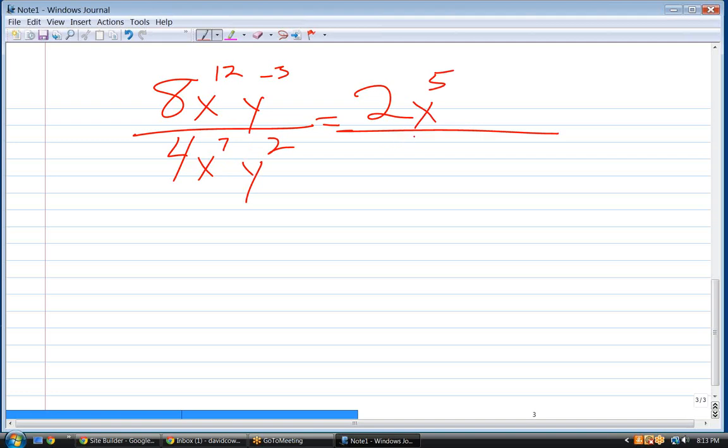Wait, so what tells you that it's in the numerator? It doesn't. Always in the numerator. In other words, even this one, y to the minus 3 over y to the 2, use your rules. That's going to be y to what? What's minus 3 minus 2? Oh yeah, it's 5. What kind of 5? Positive 5.